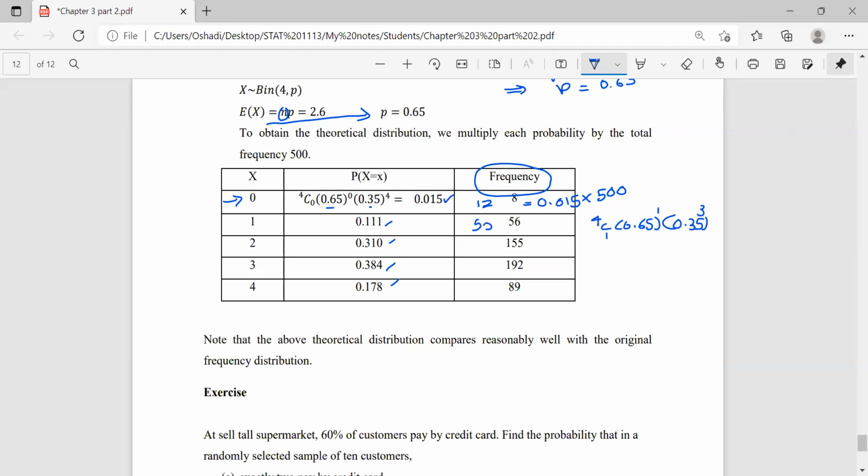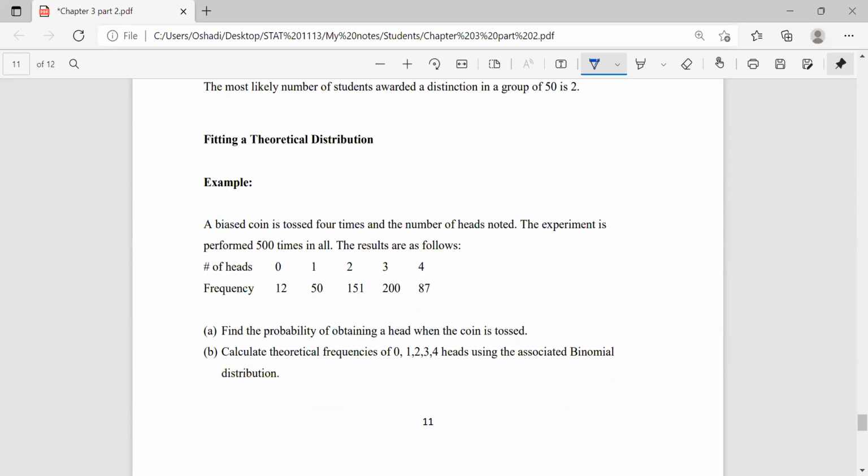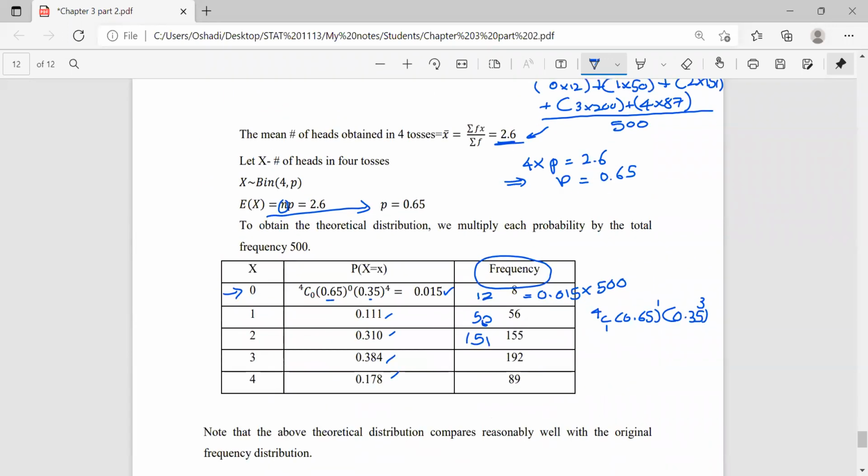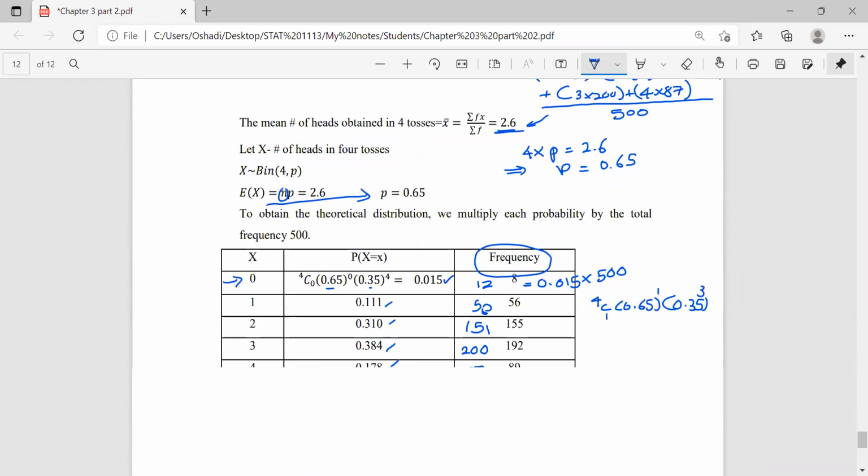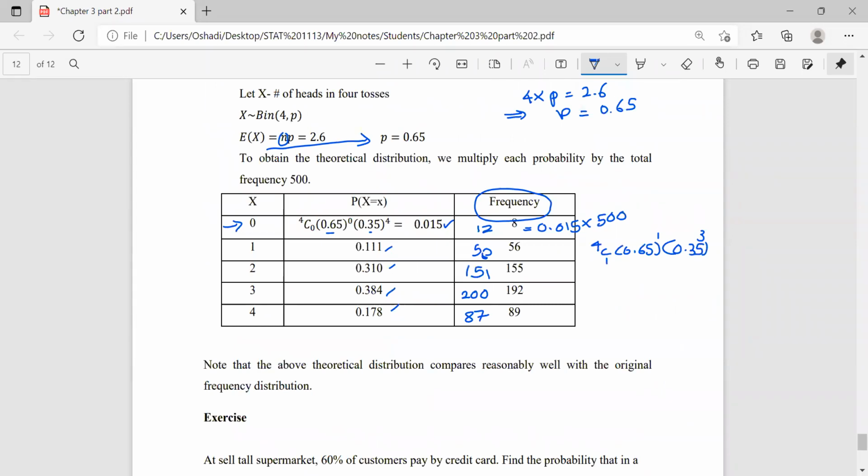Here 50, the theoretical, experimental one, here 151. See, the experimental results and the theoretical results compare reasonably well with the original frequency distribution. They are tallied, somewhat close, right?